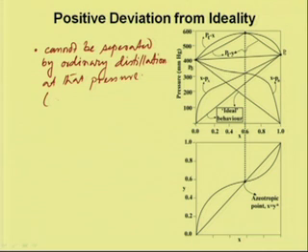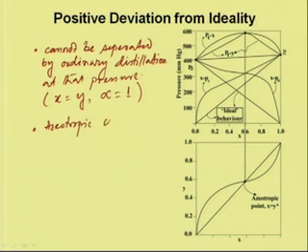So, here x will be equal to y and alpha, the relative volatility, will be 1. The azeotropic composition changes with pressure.